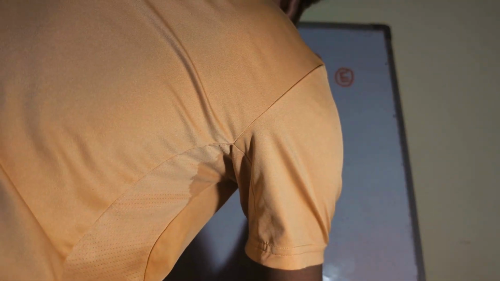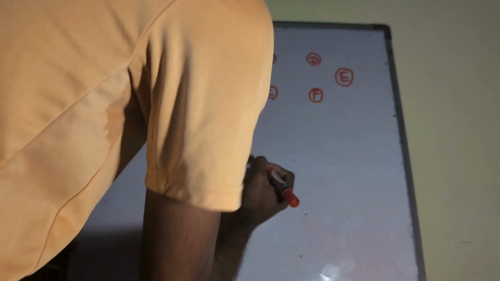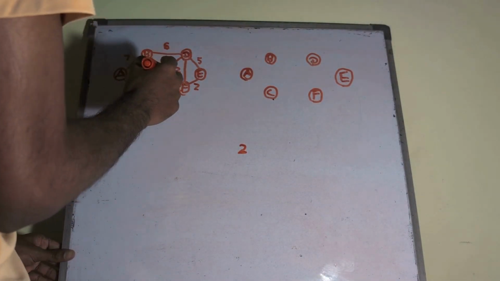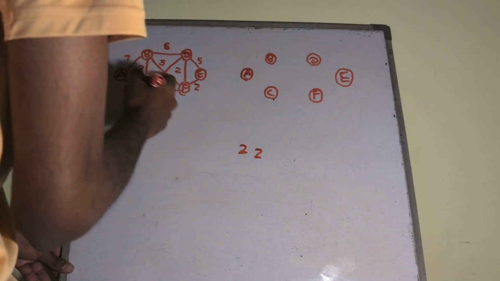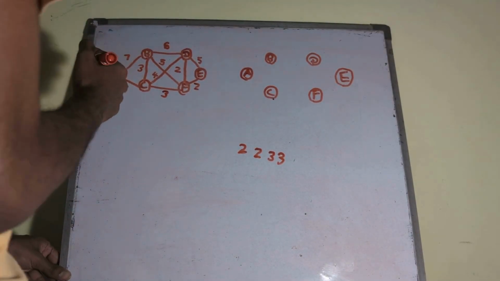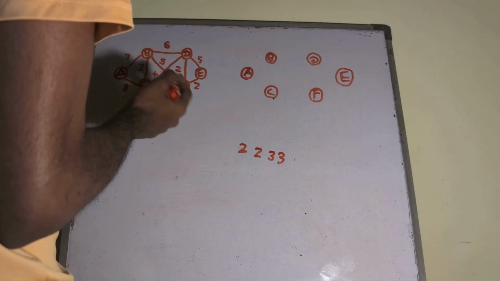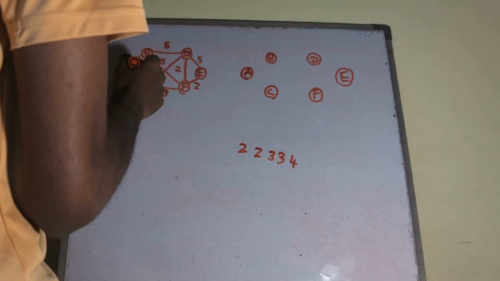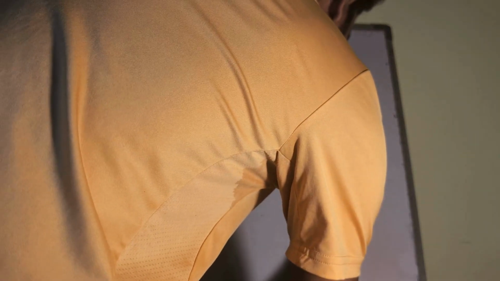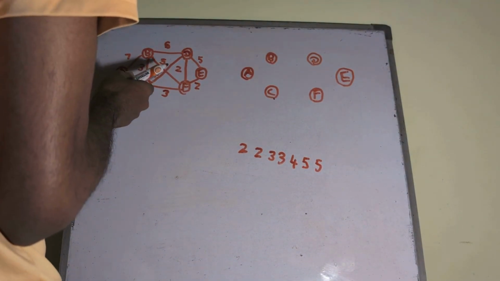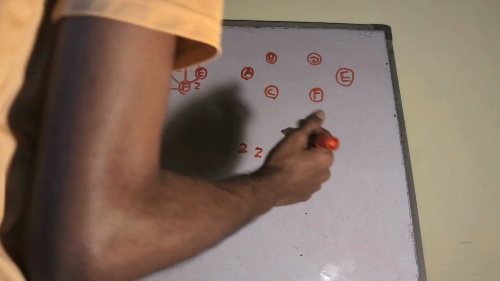The first one is 1, and there are two edges with weight 2. Next is 3, and there are also two edges with weight 3. Next is 4, which has only one. Next is 5, which has two. After that, the next one is 6.